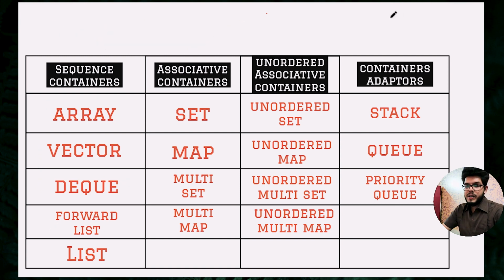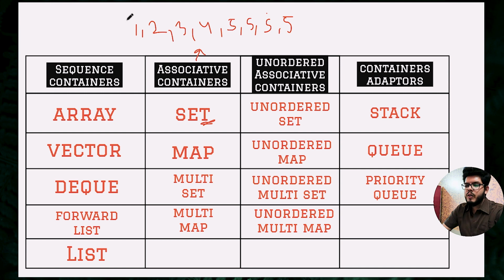Okay, now let's talk about the second type of containers, that is the associative containers. So first thing we can see here is set. Now what is a set? Suppose you have elements like 1 2 3 4 5 and then lots of 5s, let's say 4 5s.